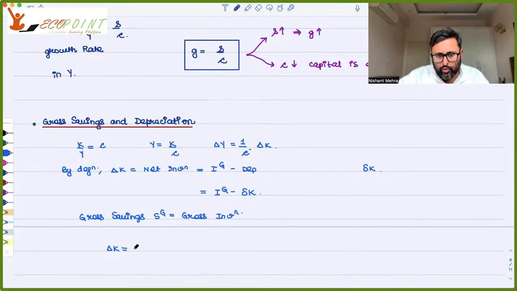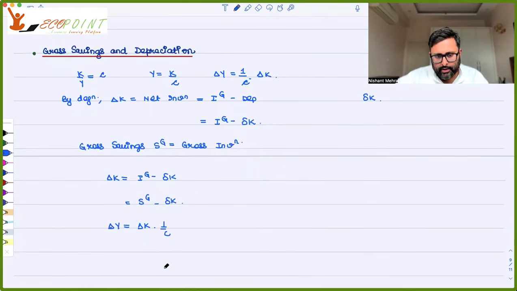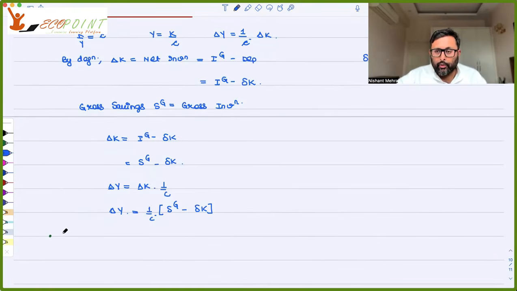Delta K equals IG minus delta K. But in place of IG, I can write SG minus delta K. These are gross savings, right? And delta Y was delta K into 1 upon C, right? So I can write this as 1 upon C into SG minus delta K. Now what I can do is divide both sides by Y.